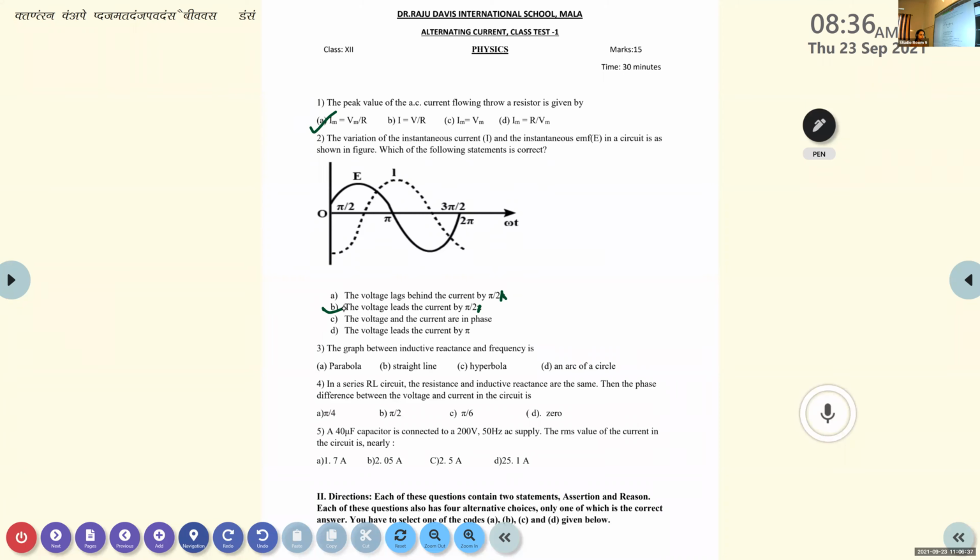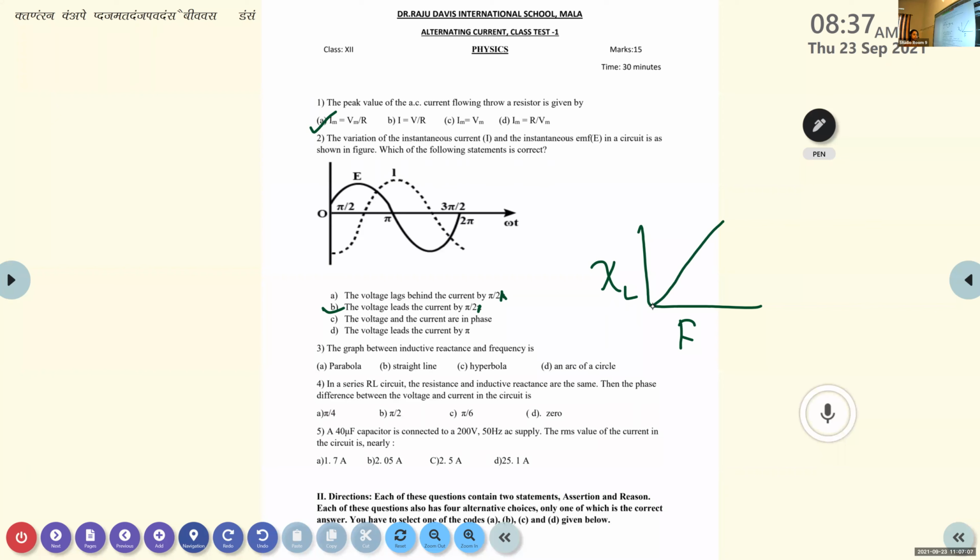Now the third question. The graph between inductive reactance and frequency is a parabola, straight line, hyperbola, or arc of a circle. The graph between inductive reactance and frequency is a straight line, a slanting straight line.